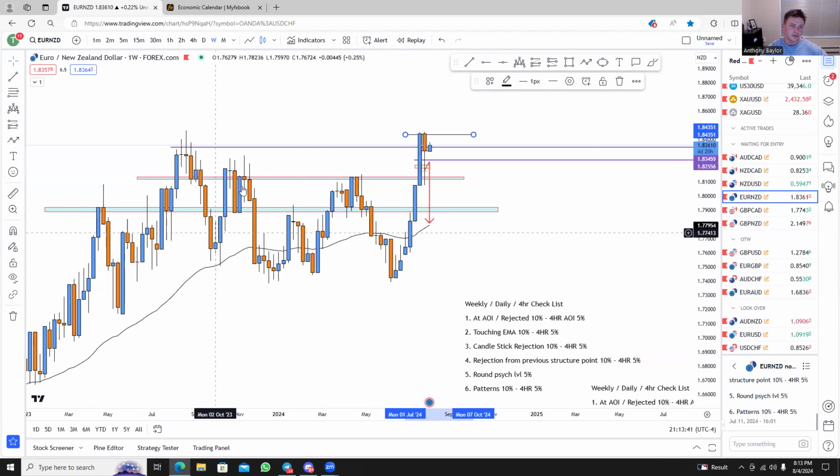Well, no, this is boom, boom, boom, boom, lower low, lower high, lower low, lower high, shift to structure, higher high, shift to structure, lower low, boom, higher high, higher low, shift to structure, lower low, lower high, shift to structure, higher high, higher low. So this is bullish.